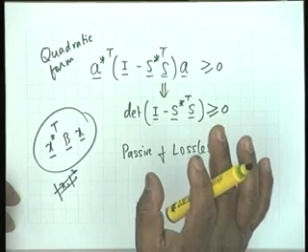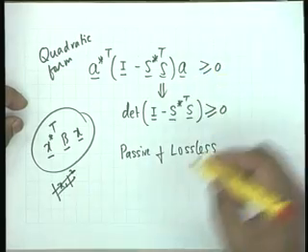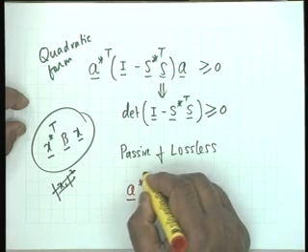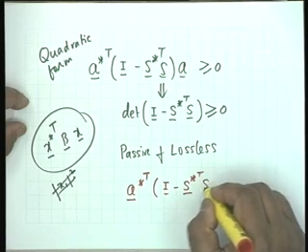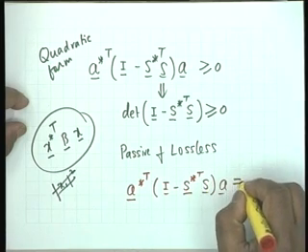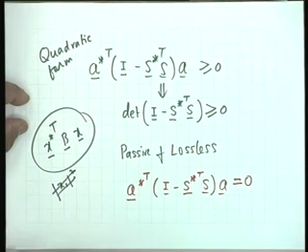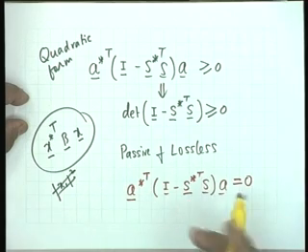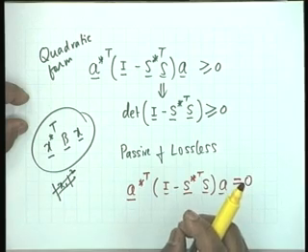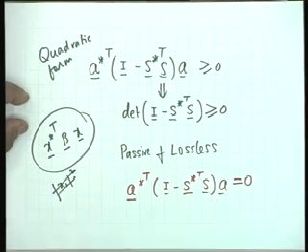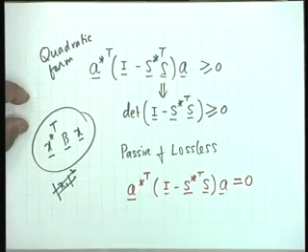That is not obvious from determinant consideration, but if we take this relation for the passive and lossless network, the relation that shall be valid is A star transpose (I minus S star transpose S) A should be equal to 0, and this should be true for all possible variable vectors A. The only condition under which this can be true is that this matrix itself should be the null matrix.